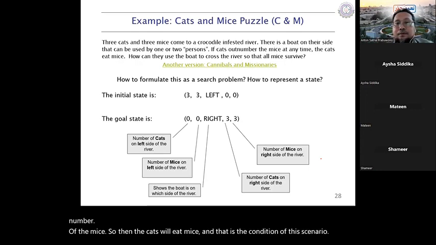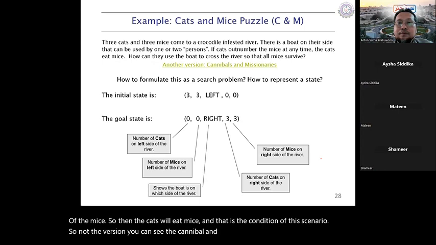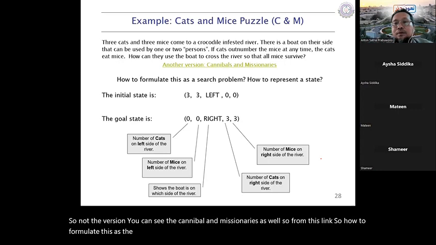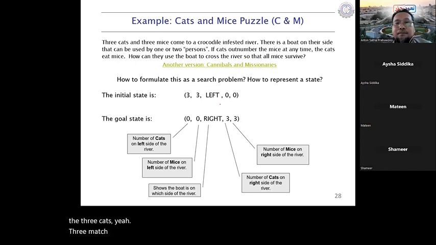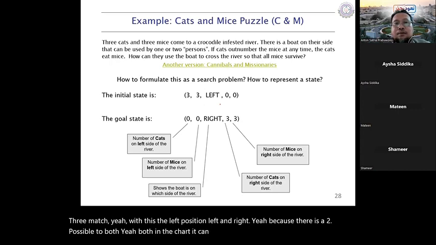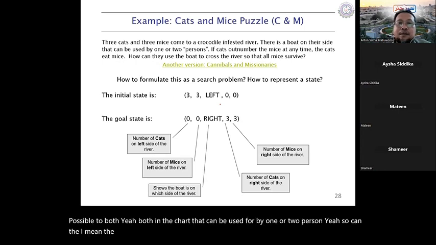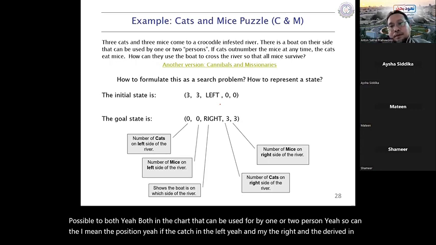Another version you can see is the cannibals and missionaries. So from this link, how do we formulate this as a search problem, or how do we represent a state? The initial state has the 3 cats and 3 mice on the left position, left and right, because the boat can be used by 1 or 2 persons. So the position matters: the cats may be on the left and the mice on the right, or the cats on the right and the mice on the left.